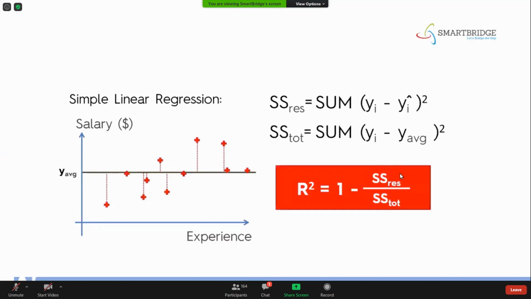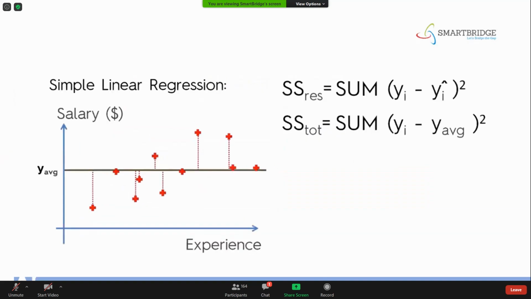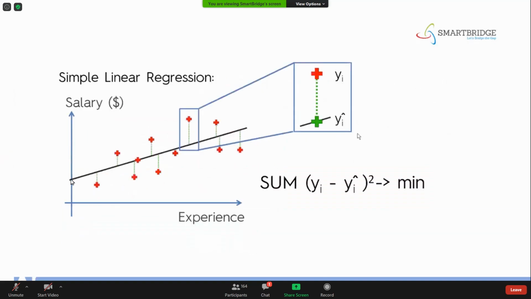So how do you get SS res? This is the error for the best fit line. This is the error for the average line. Again, whenever you consider any regression algorithm, you will first create an equation. After creating an equation, you draw a straight line.